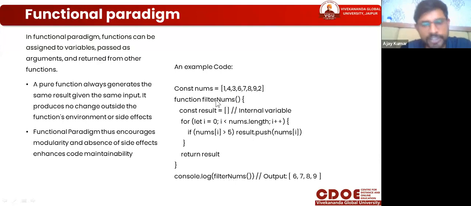So just use filterNums. The filterNums is here a function. We can use that function in many parts of the program, and we don't need this code every time. We just put filterNums in another line of code. The filterNums already has some code from the previous program.